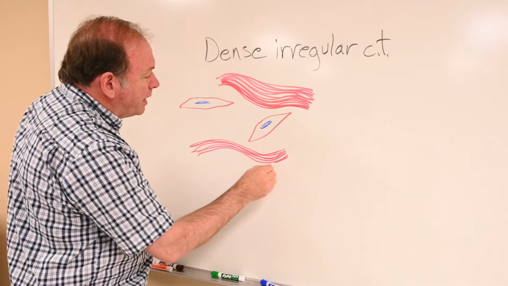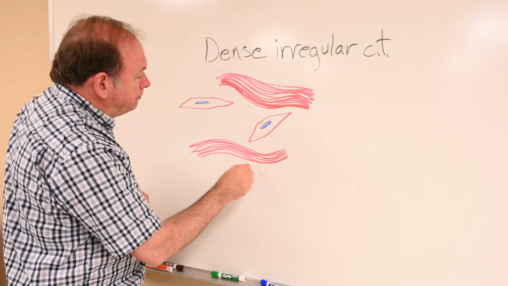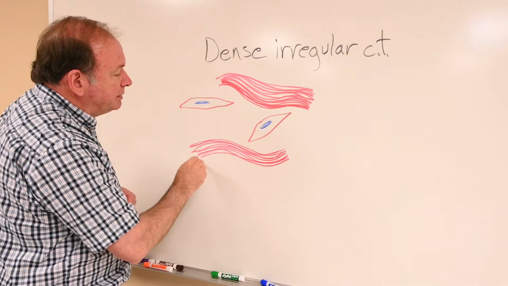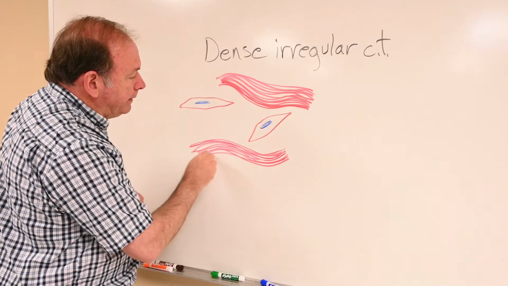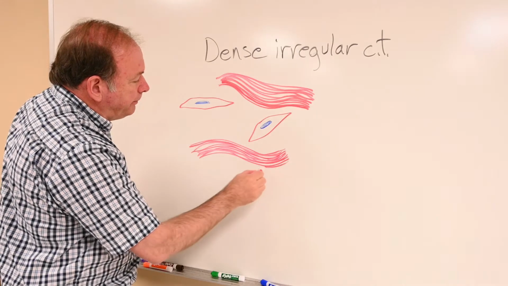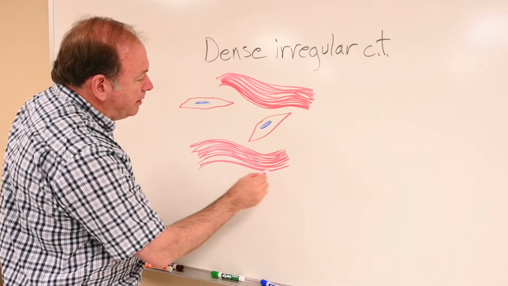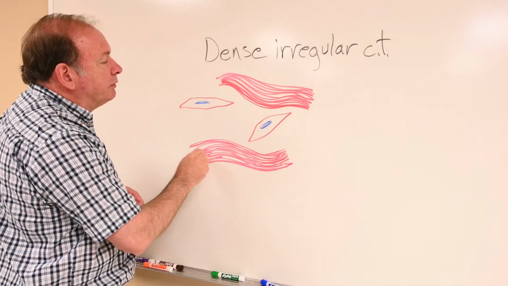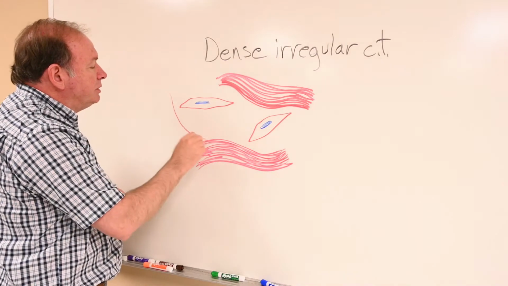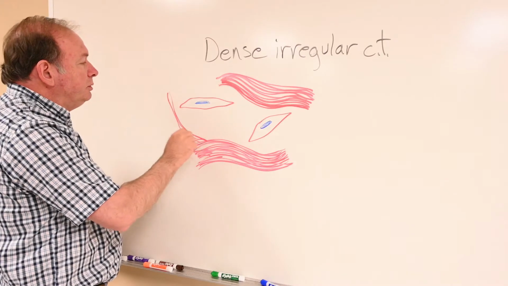Put a little bit of a wave in it, just because it's fairly common to see. They're not exactly straight. So heavy bundles of collagen going in different directions through the tissue.